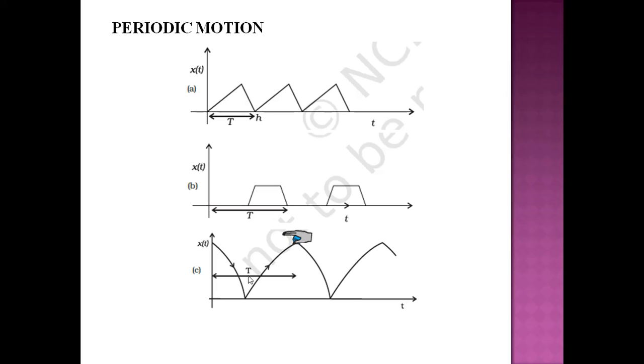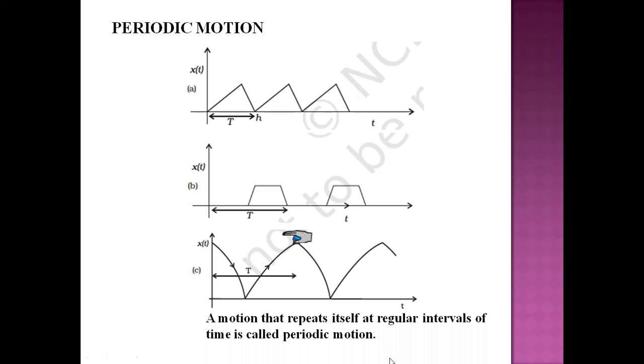The graph shows the height of the ball versus time. In the third graph, the curves are parabolic in nature according to Newton's equations of motion. Therefore, a motion that repeats itself at regular intervals of time is called periodic motion.